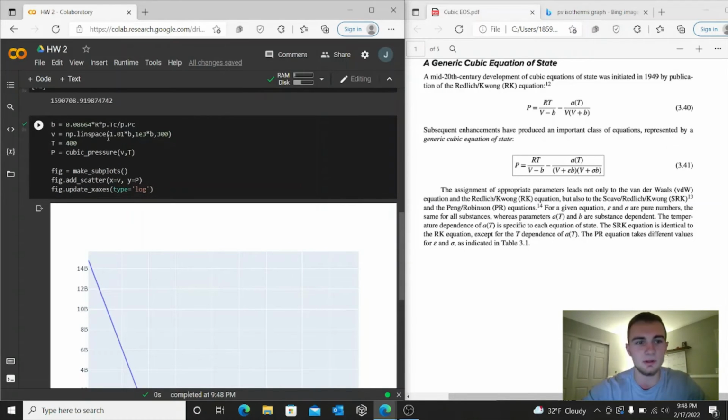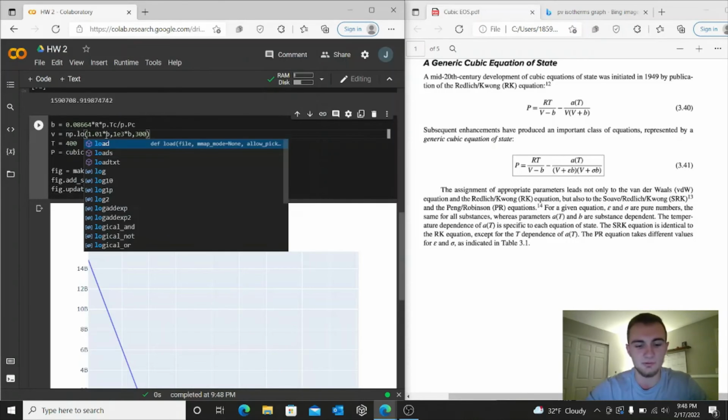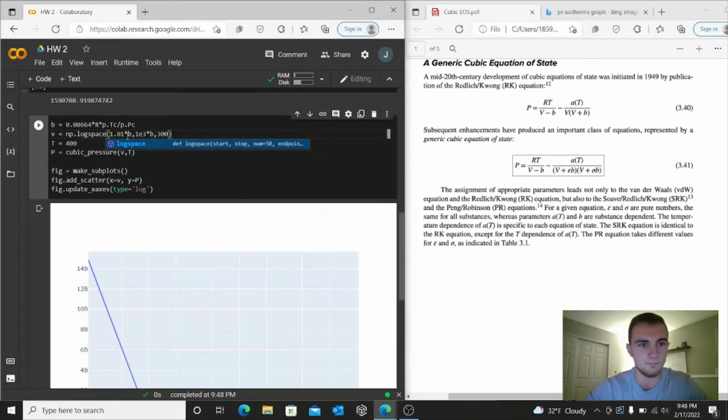Now what we can do here, instead of linearly spacing out our points, is change this into log space, which will space them out in terms of log. A problem that we have to be careful with is that when we use logspace, this will change our starting and ending values to the power of 10.